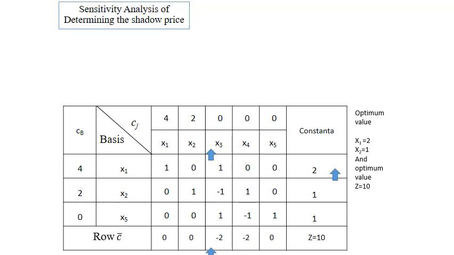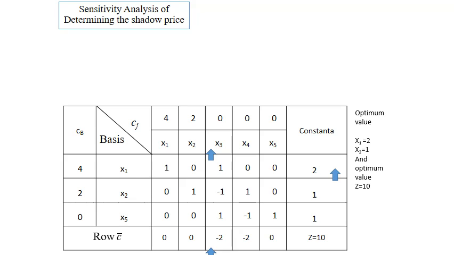So for example, if the x3 goes up by 1, then the z will go down by 2, as minus 2. But on the contrary, if the constant goes up by 1, the x3 will go down by 1, but the z will increase by 2.